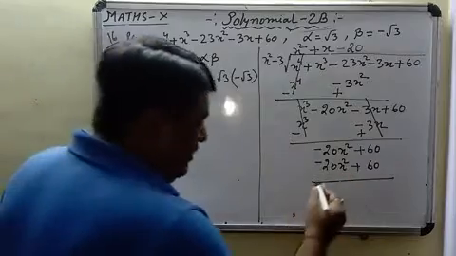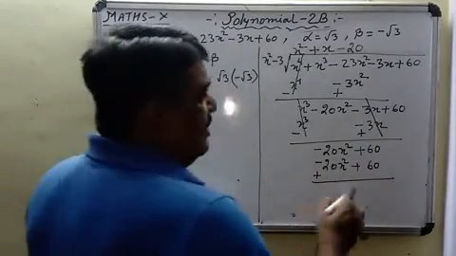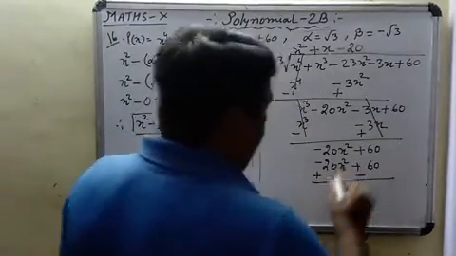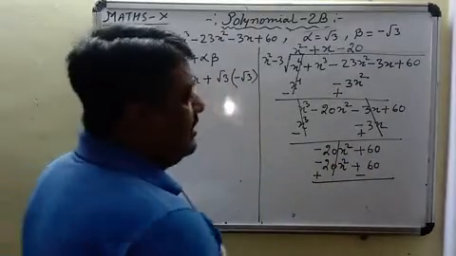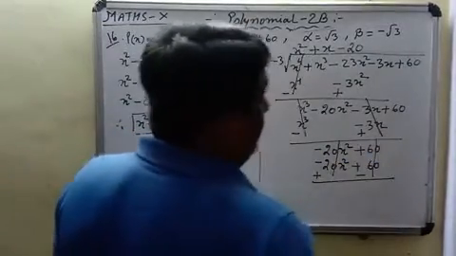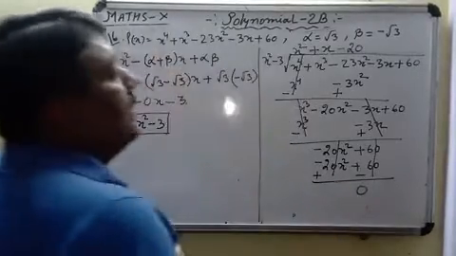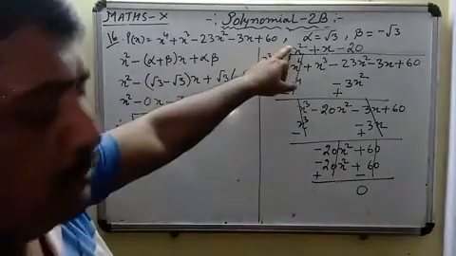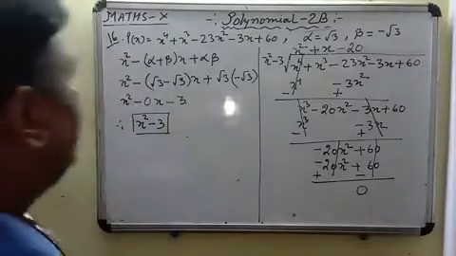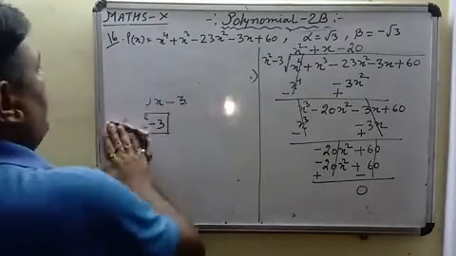Subtraction के लिए जाएंगे. This will become positive क्योंकि negative है और positive वाला negative हो जाएगा. Plus minus 20x square and plus minus 60 is also cancelled. So remainder is 0. We have obtained our quotient. This is the important thing and we have to deal with this quotient now.